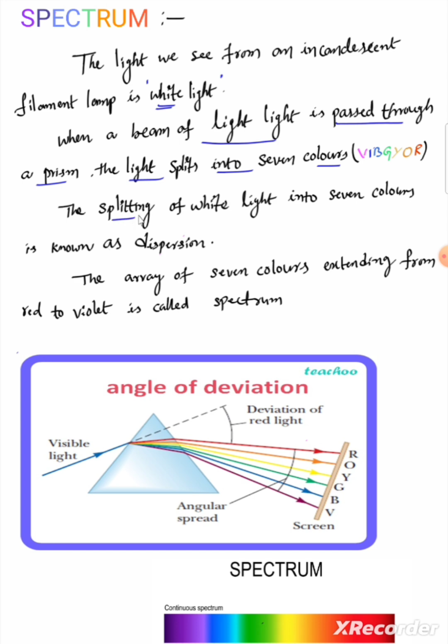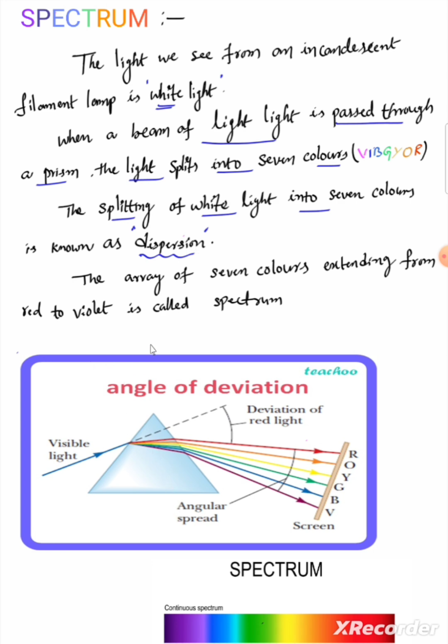The splitting of white light into 7 colors is known as dispersion. What is dispersion? When a white light is passed through a prism, the white light splits into 7 colors. The splitting of white light into 7 colors we are calling dispersion.